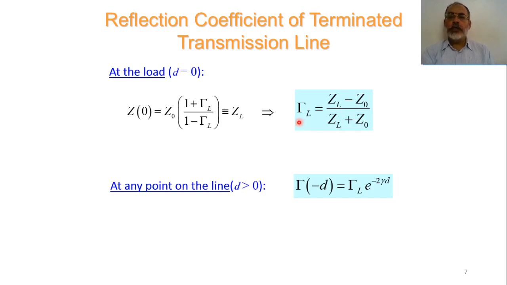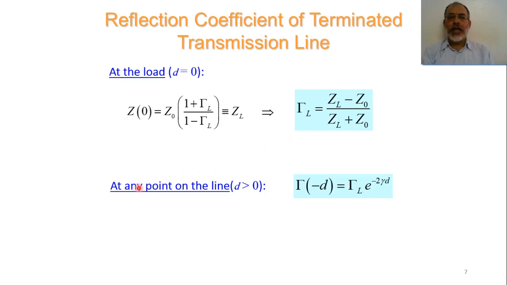So in this case, the value of the reflected waves over the value of the incident wave, or the value of the backward propagating wave over the value of the forward propagating wave, which is the reflection coefficient, would equal the difference between the load impedance and the characteristic impedance over the load impedance plus the characteristic impedance.